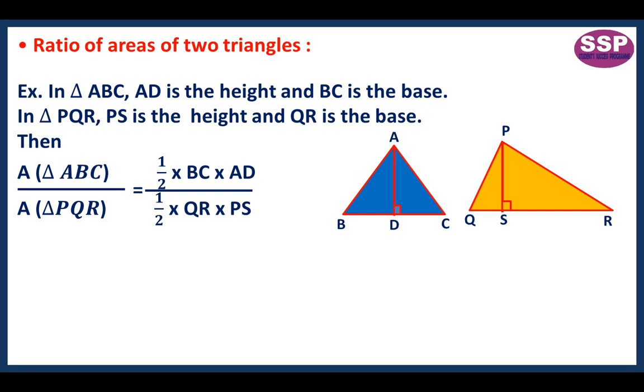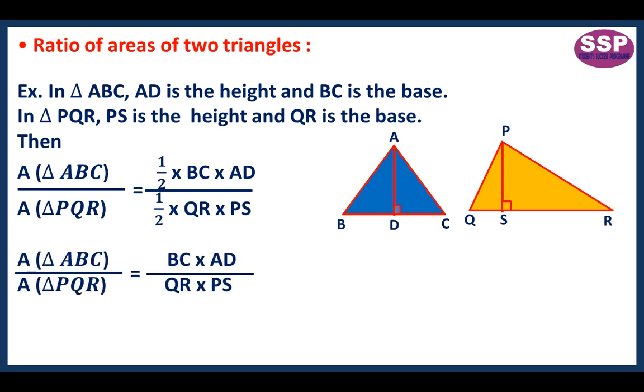is equal to 1/2 BC into AD. That is the formula for area, that is 1/2 base into height in the numerator, and in the denominator area of PQR 1/2 base into height, that is 1/2 into QR into PS. 1/2 gets cancelled.